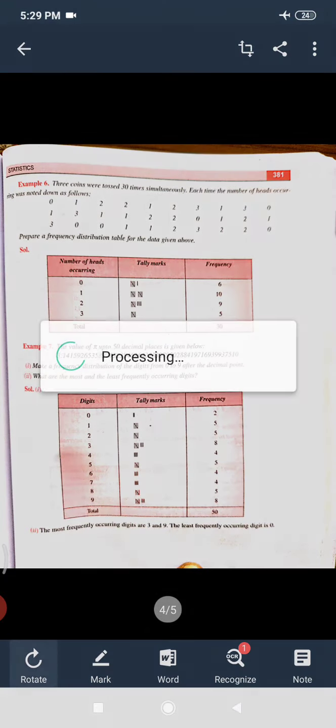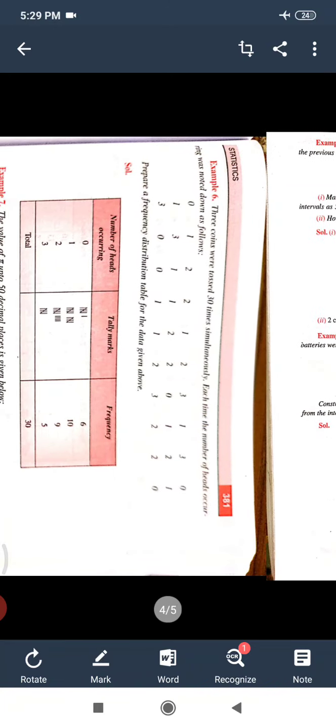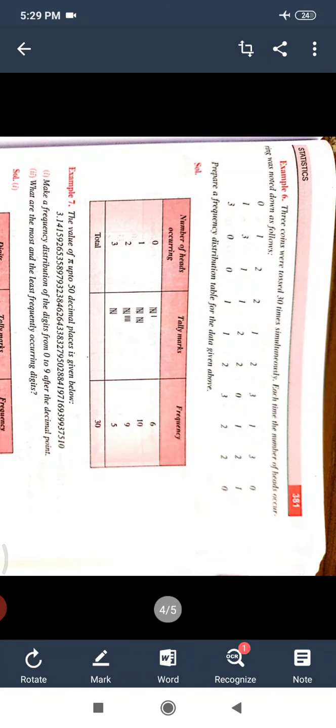Now we will solve question 6. It is very easy. 3 coins were tossed 30 times simultaneously. The number of heads that occur is given below.